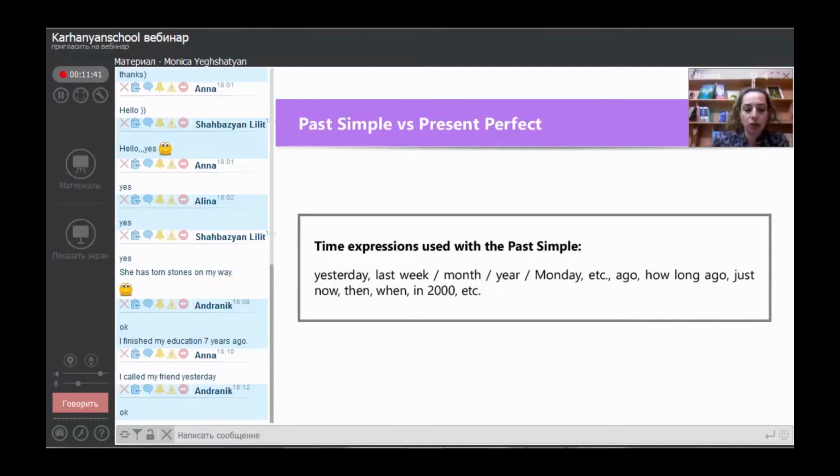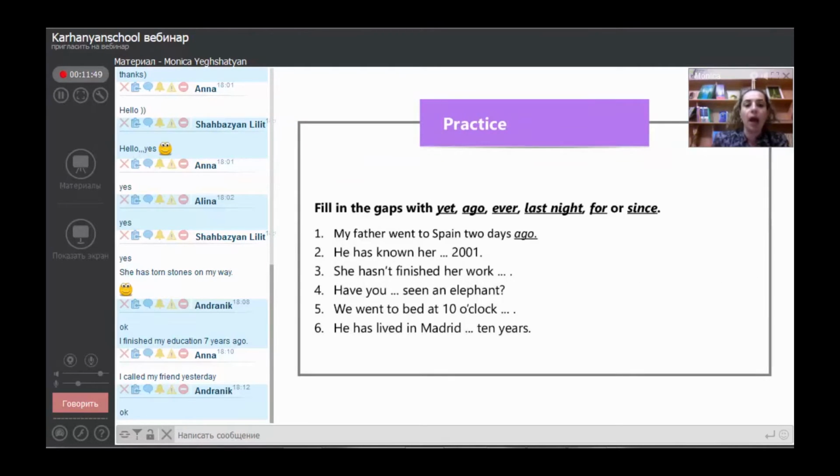Are you ready to do practice? Okay, now let's do some practice. I want you to fill in the gaps with yet, ago, ever, last night, for, or since. The first sentence is already done. My father went to Spain 2 years ago.